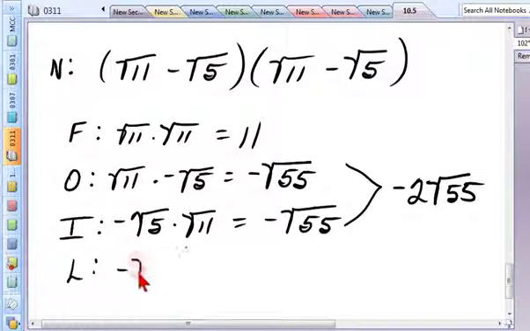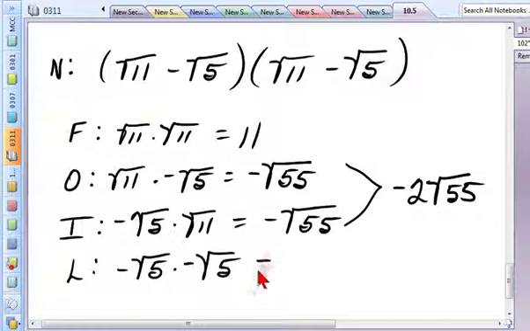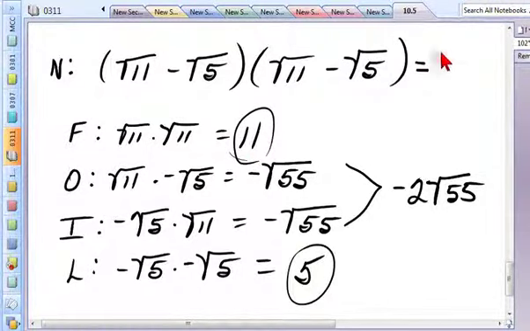Last, negative square root of 5 times negative square root of 5. Negative times negative is positive, and it is 5. So when I multiplied the numerator, I get 11 plus 5 is 16 minus 2 square root of 55.